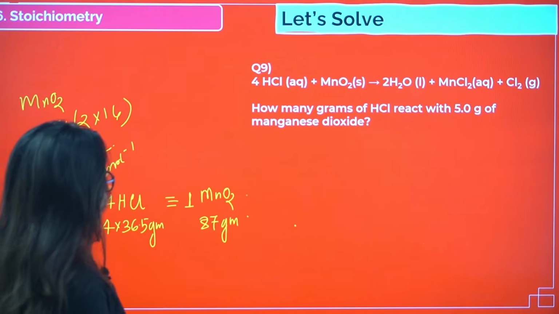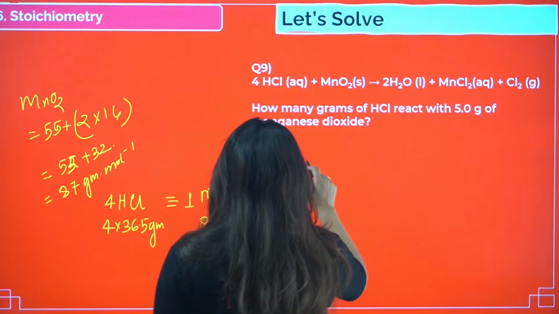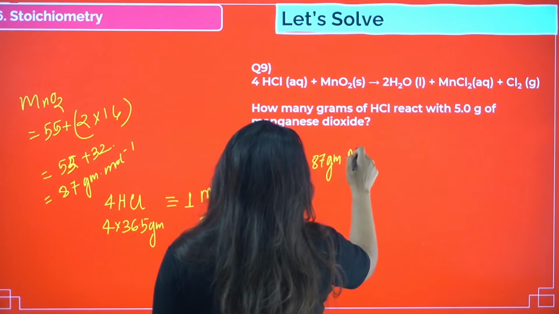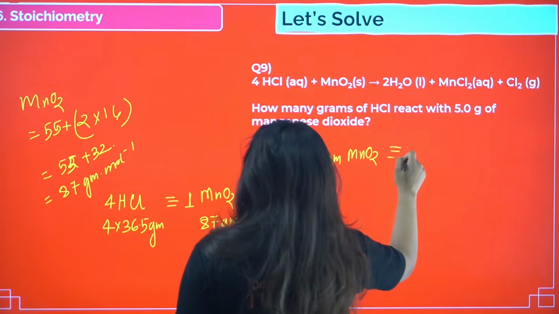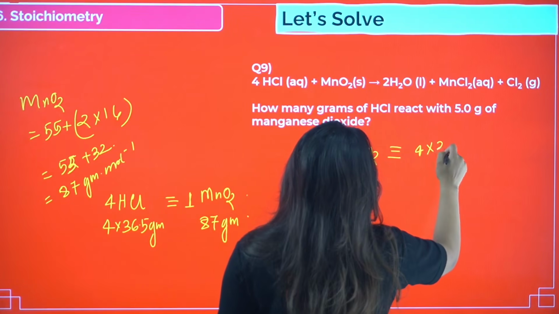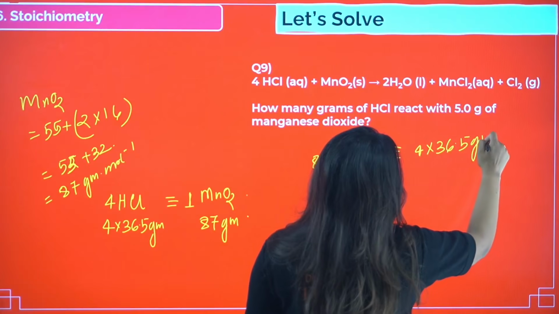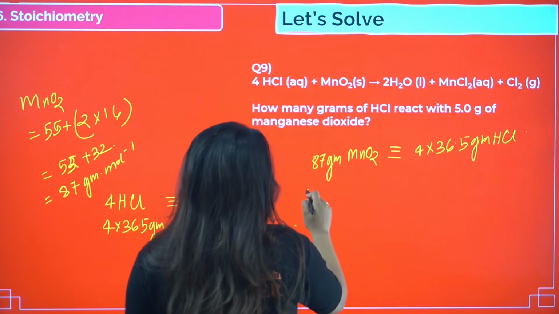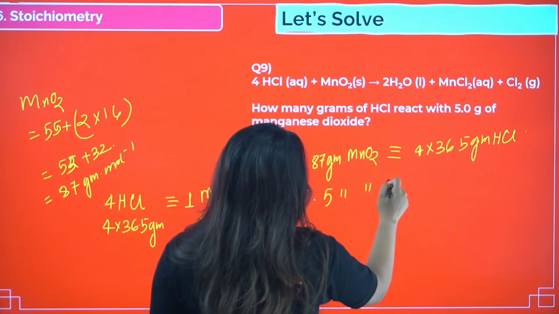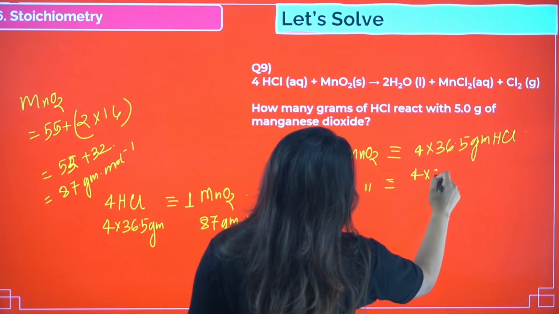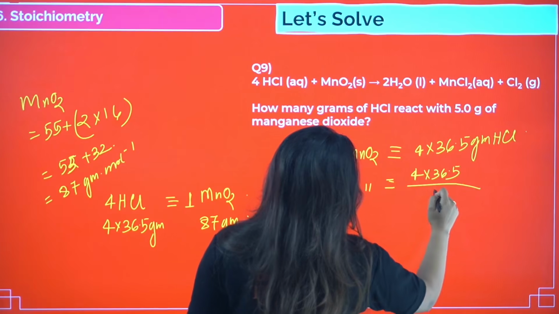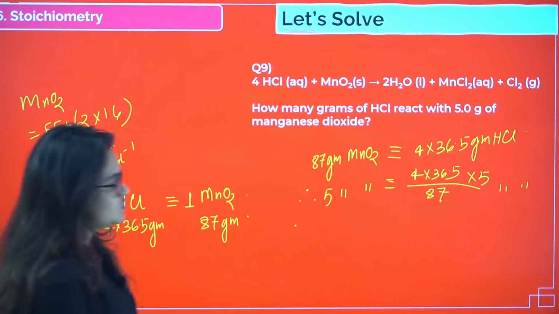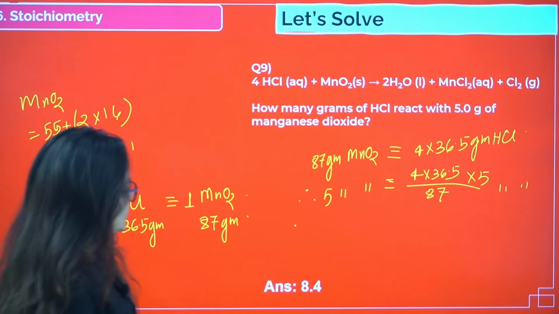So I can use the unitary method. 87 gram MnO2 requires 4 into 36.5 gram HCl. Hence 5 gram of MnO2 will require 4 into 36.5 divided by 87 into 5 gram of HCl. If you calculate this, your answer will come to be 8.4.